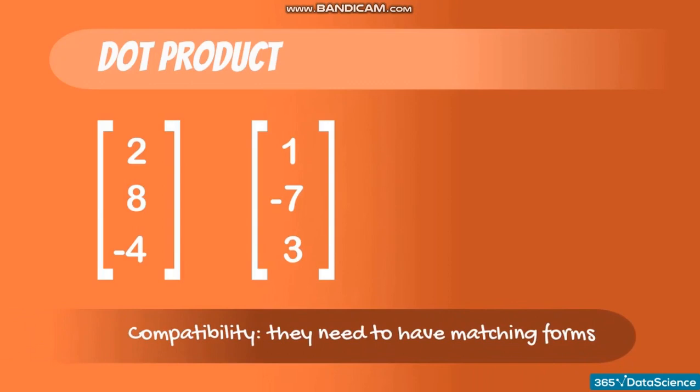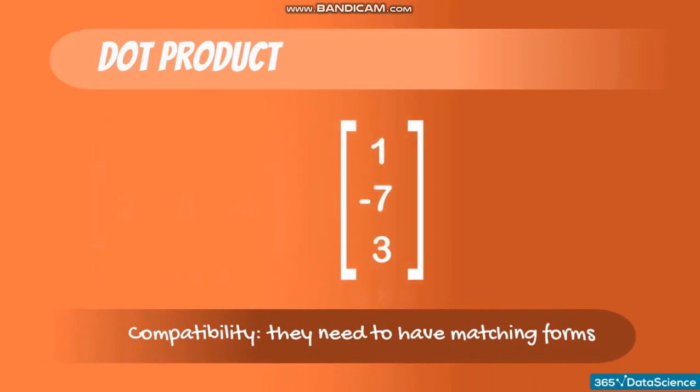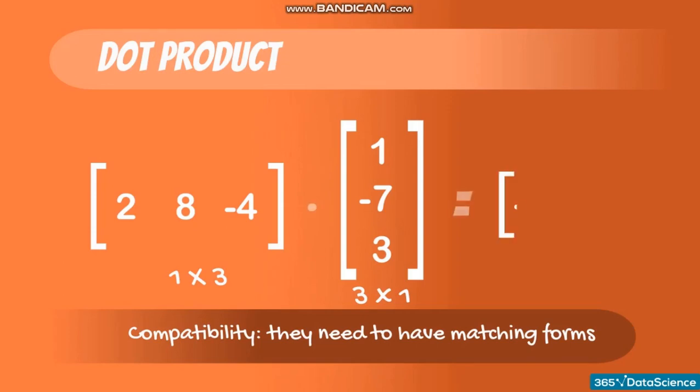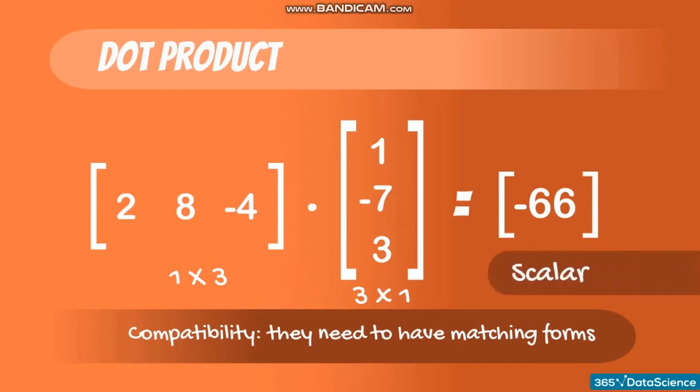To find their dot product, we transpose the first one and get a 1 by 3 times a 3 by 1 form. This is done because when we have a dot product, we always multiply a row vector times a column vector. Remember that. The result of this multiplication is a 1 by 1 form, or a scalar. We reach this scalar by multiplying the corresponding elements and summing everything up. We've already talked about that, we just didn't know the concept was the same.